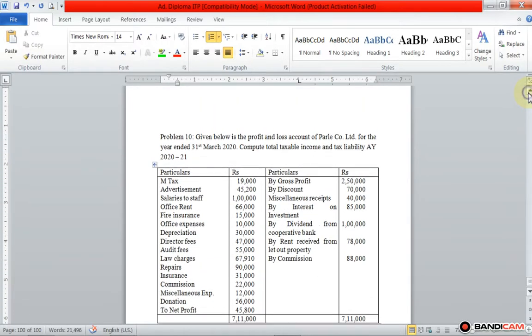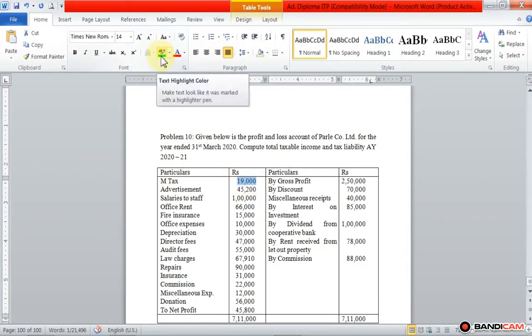Now we read the debit side of the profit and loss account. Municipal tax is 19,000, so municipal tax is disallowed. Advertisement is an allowable business expenditure. Salary to staff, office rent, fire insurance and office expenses are allowable.